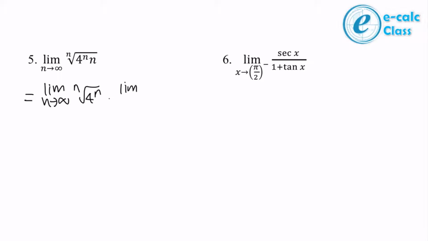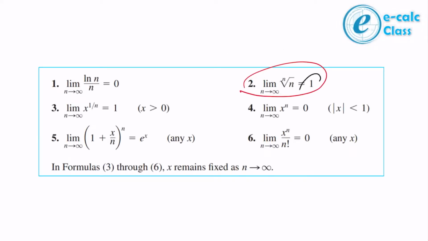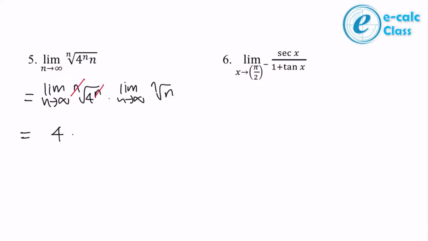The n and the nth root I can cancel, so it will just be 4 times this one, which is what? It is 1 from the table, isn't it? So it's 4 times 1 by the table. Answer is 4. Finish. Okay, very nice.